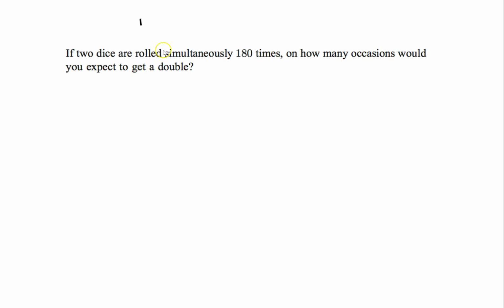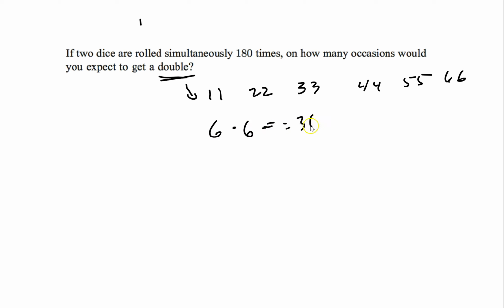Here's a quick one. If a pair of dice is rolled simultaneously 180 times, how many times would you expect to get a double? Let's first figure out how many ways you could get a double. There could be 1,1, 2,2, 3,3, 4,4, 5,5, 6,6. We could list out all the possibilities when you roll the dice, but really we know there are 6 possibilities on the first die and 6 possibilities on the second die. If you multiply them together, there are 36 possible combinations.